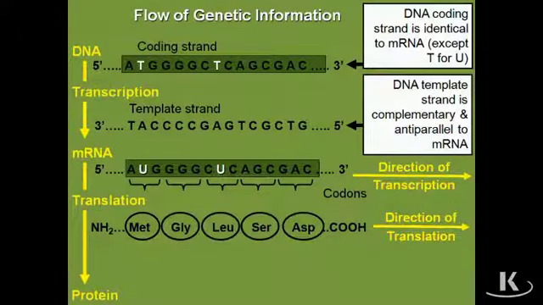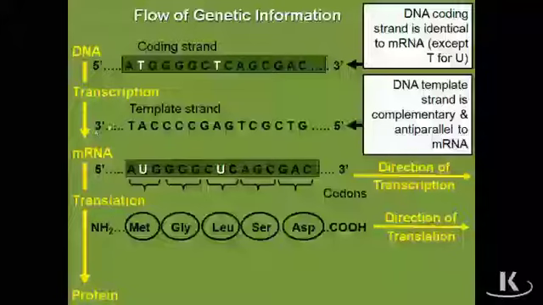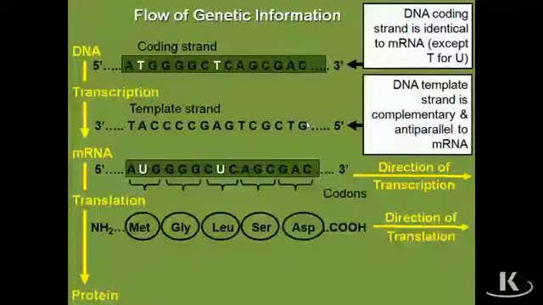So shown on this particular slide is the way that the genetic information would flow. A couple of key points that you need to realize from this slide are that, first of all, DNA is double-stranded, and there's going to be, for transcription, one of those strands that's a coding strand, and the other that's going to be the template strand. We've already mentioned that the template strand, you're going to recognize this because in the direction of transcription, the template strand is going to be the one that reads from 3' to 5'.